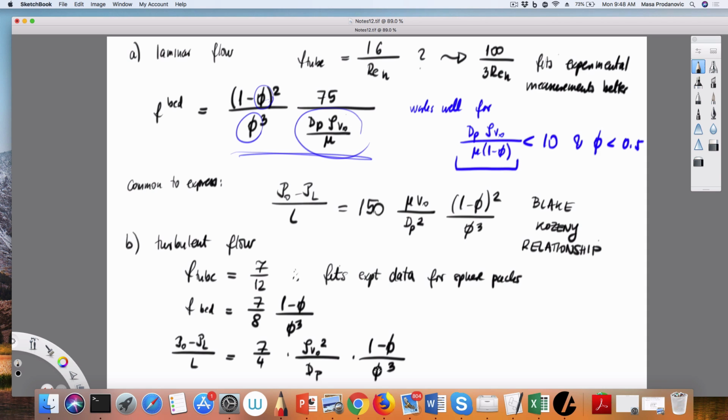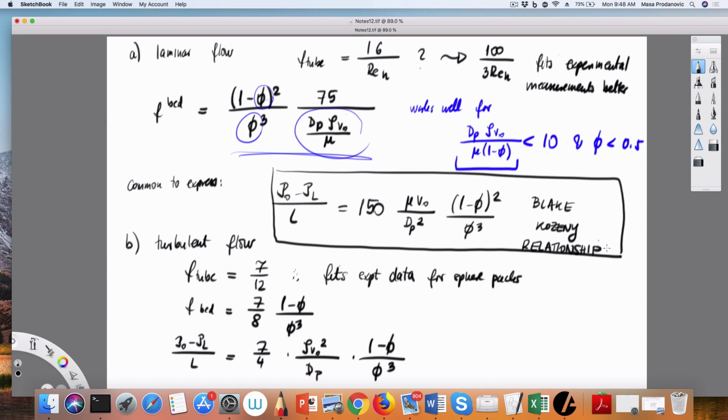And this is the so-called Burke-Plummer equation.